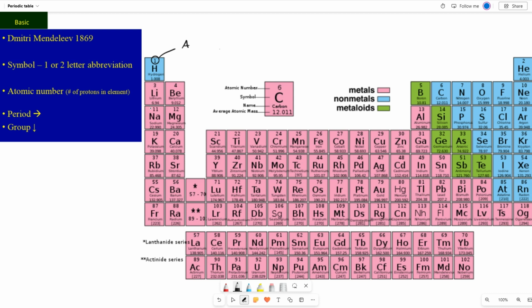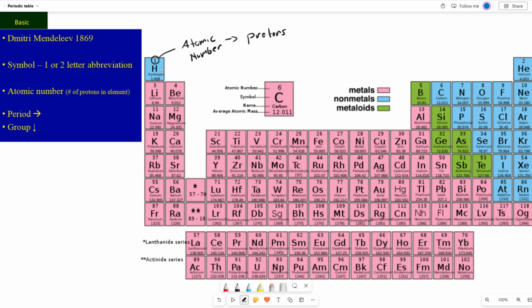So the atomic number is basically the number of protons that an element has. Every hydrogen in the universe has 1 proton.